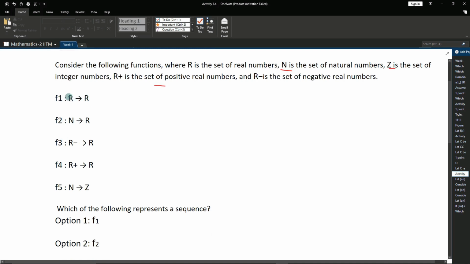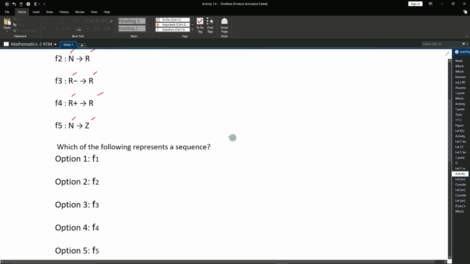So the first function is mapping R to R. This is mapping N to R, R minus to R, R plus to R, N to Z. So what is the question? Which of the following represents a sequence? If we remember correctly, in a sequence, say a_n, n only takes natural numbers, right?